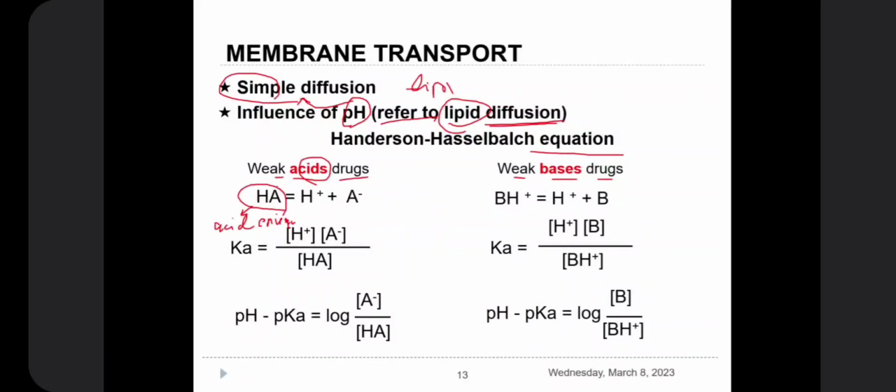And when drugs come into the base environment, it will separate, dissolve and give the hydrogen ion and the A minus. This is the drug form. So it means for weak acid drugs in the base environment, the major form is A minus, the ionized form.